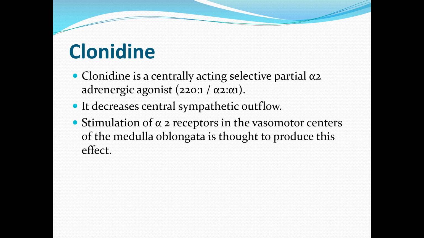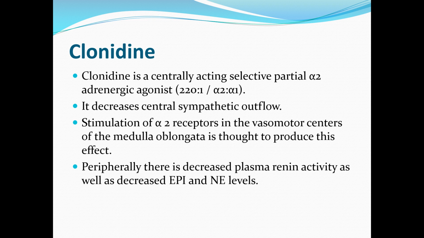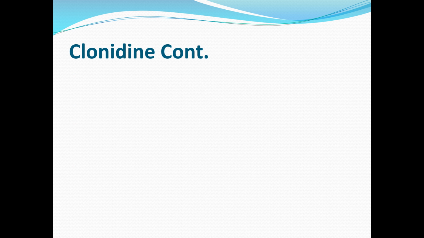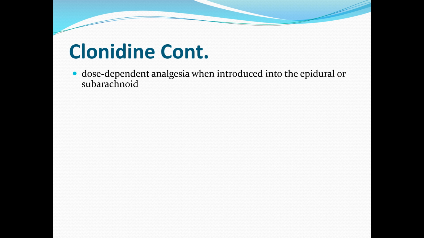And when you stimulate the alpha-2 receptor in the vasomotor center of the medulla, then you get the effects of clonidine. Peripherally, there is decreased plasma renin activity, and you also have decrease in epi and norepinephrine levels. There is dose-dependent analgesia when introduced into the epidural or subarachnoid space.